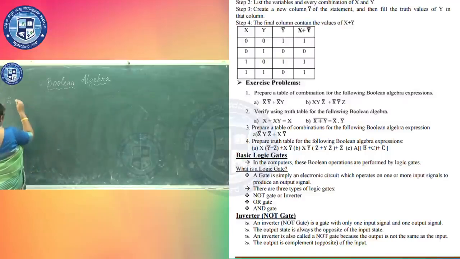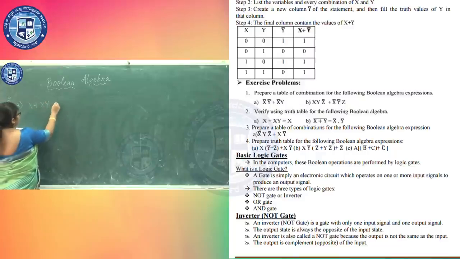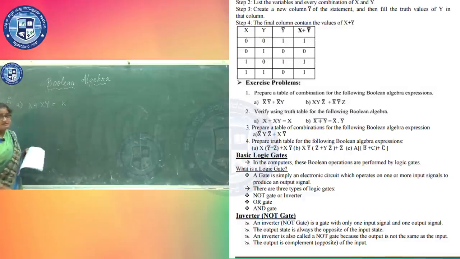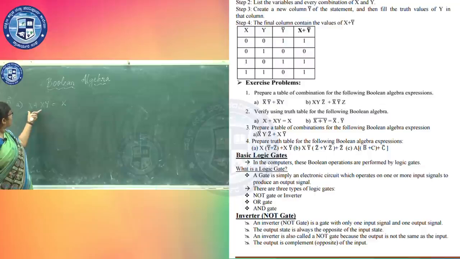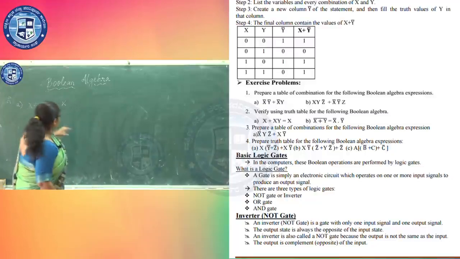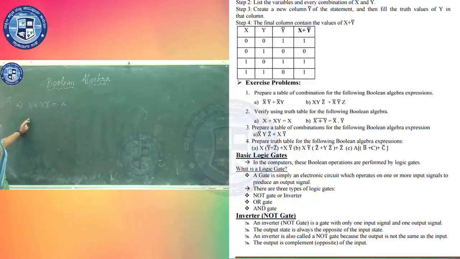Second one, A, x plus xy is equal to x. So this is the expression. We will have to prove that the column with x plus xy must be equal to that of x. So how do we do this? Recall the steps which I have told. We will have to see how many variables are there. There are two variables, x and y.